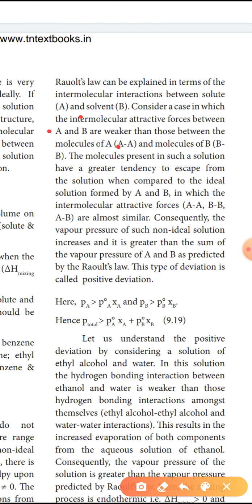The molecules present in such a solution have a greater tendency to escape from the solution when compared to the ideal solution formed by A and B, in which the intermolecular attractive forces are almost similar.